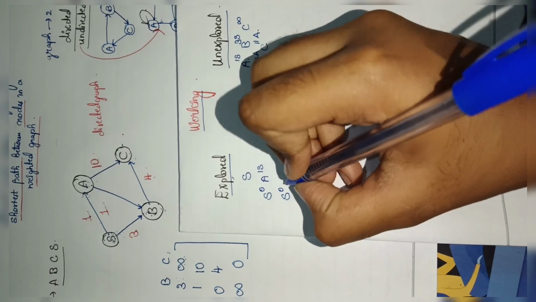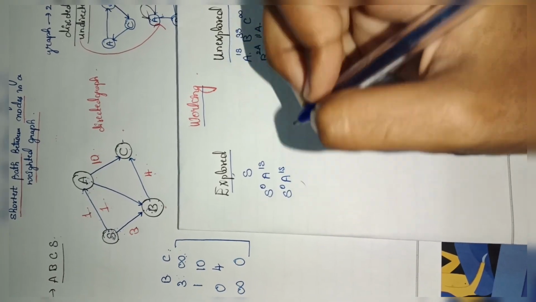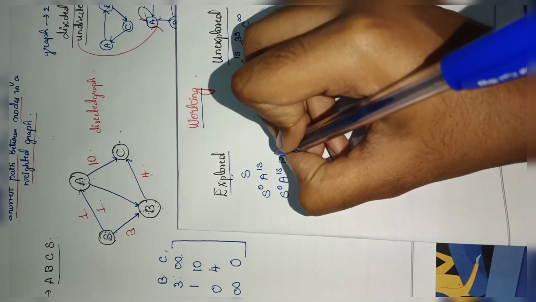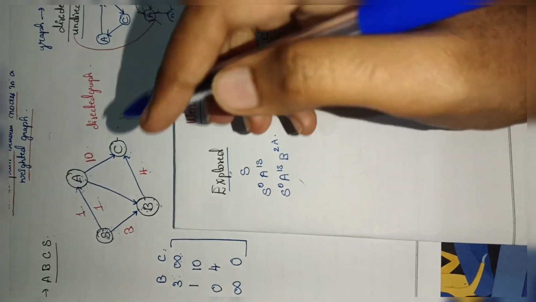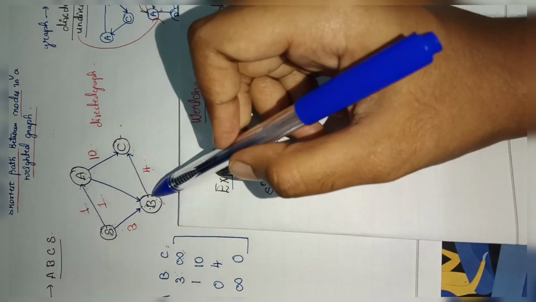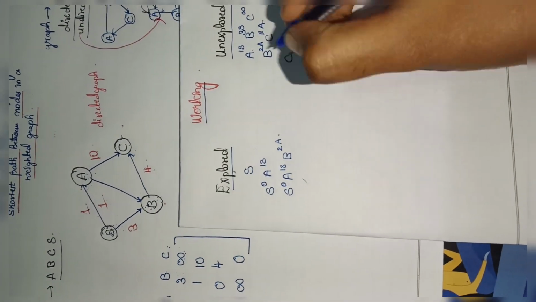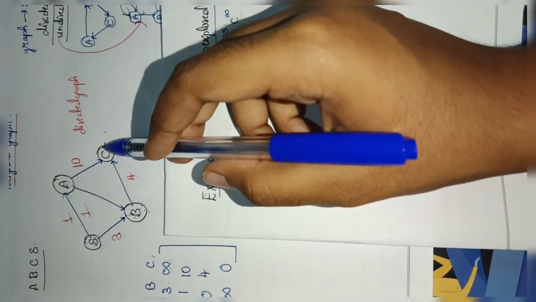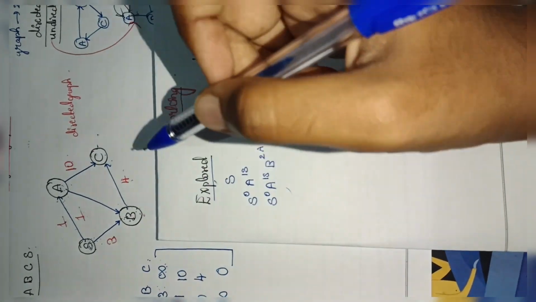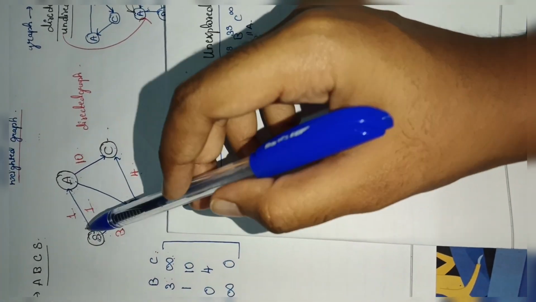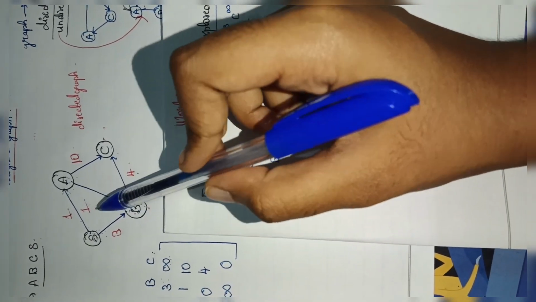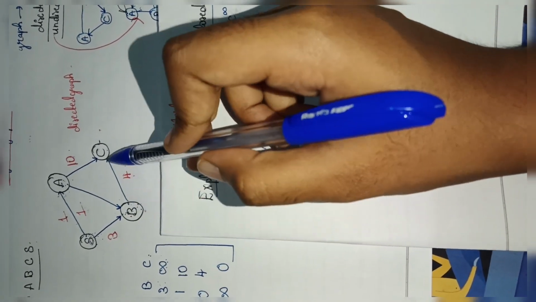Next, after S exploring is done, A node exploring is done. So now B node. When we are exploring the B node, it is basically from B to C, which is the only way it is directed. So from S to A is 1, from A to B is 1, and from B to C it's 4.